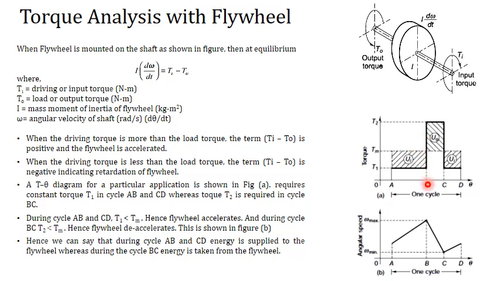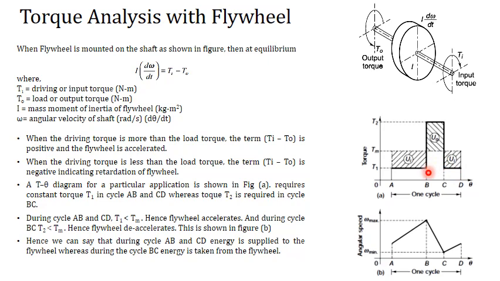Similar is the case during the cycle CD, where the input torque is T1 but the mean torque Tm is greater than the input torque, and hence in this cycle also the speed of the flywheel will increase, it will accelerate.